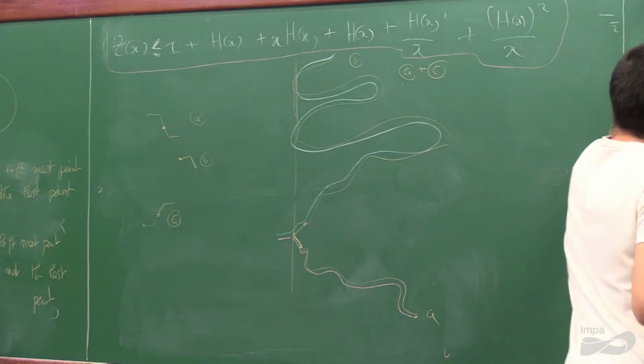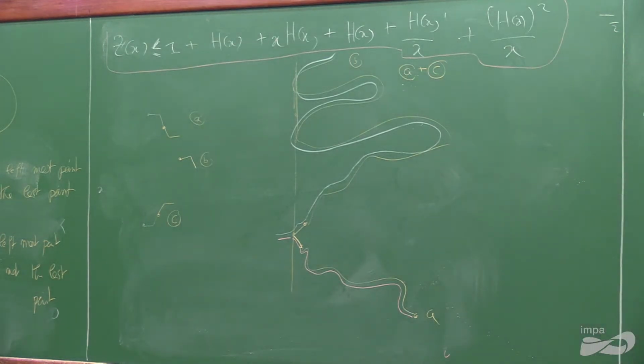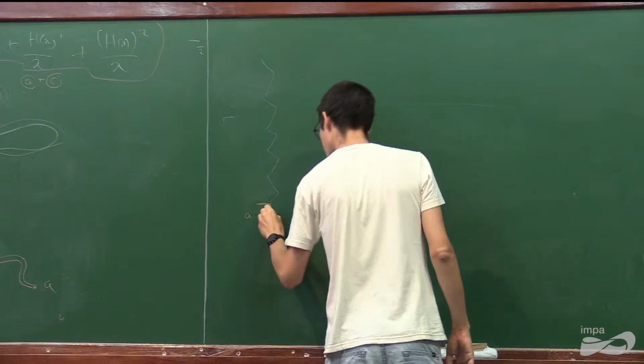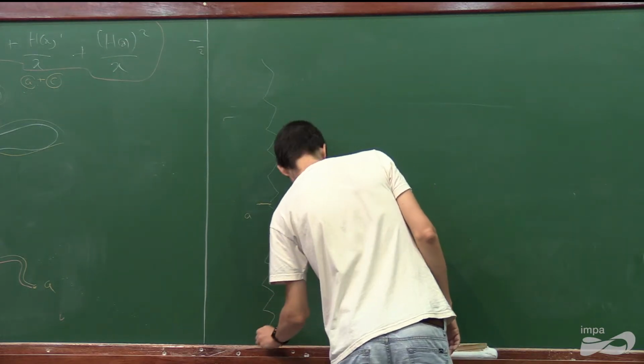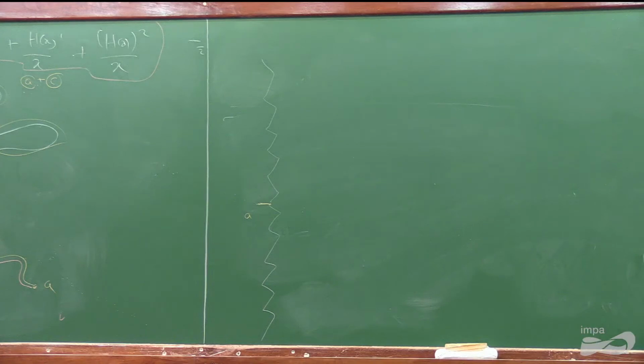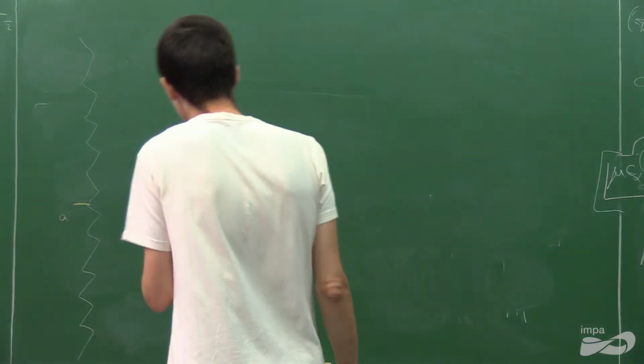So now, how do you control hx with bt of x? I have a half-plane walk. What I can do is the following.